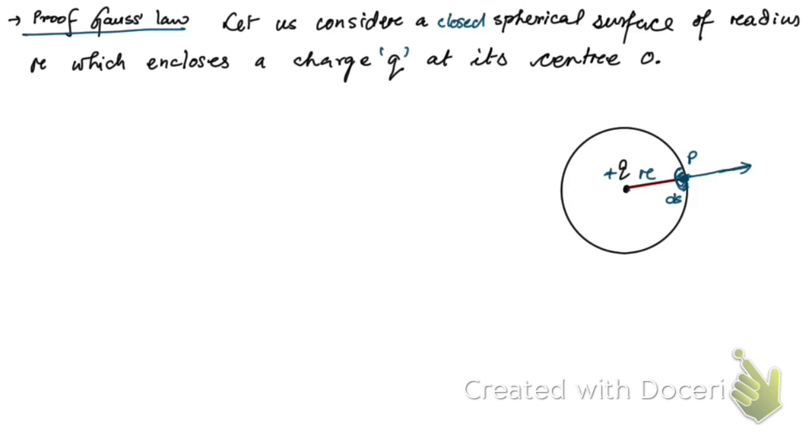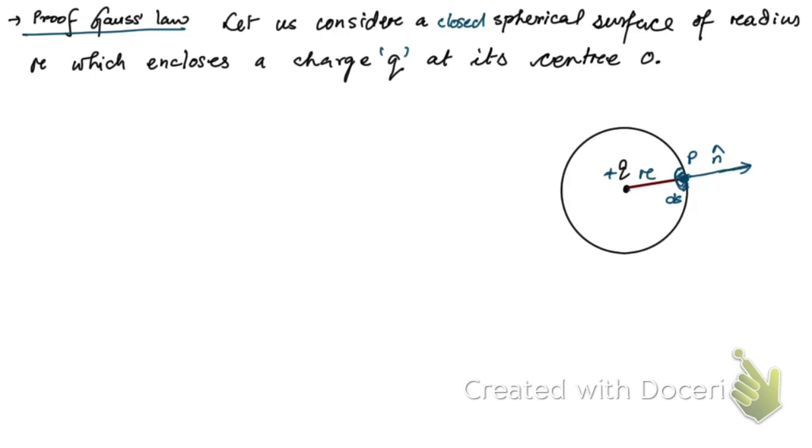This is going to be the direction of the area vector ds. Let the unit vector along the area vector be n cap.